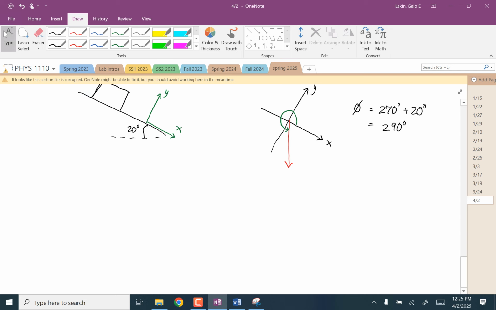All right, well, that's the trickiest part of these questions, is just figuring out how to represent the weight force. Once you do that, everything kind of follows the rules we've already talked about. I'll do one without friction, and then I'll do one with friction.